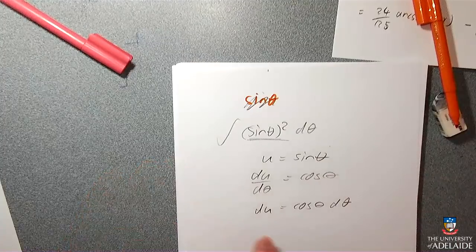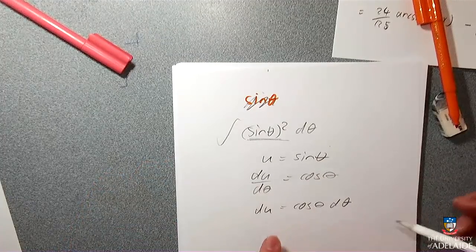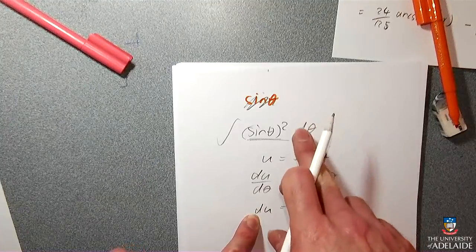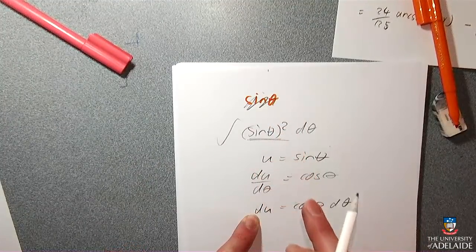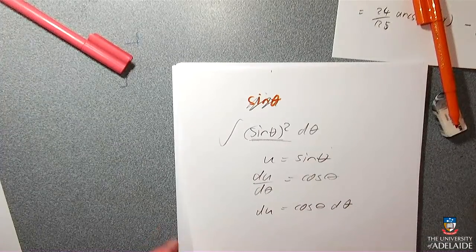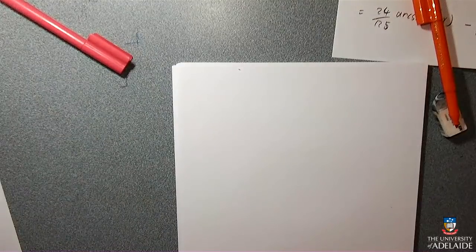But then the only way to make a du is to have a cos theta to attach to the d theta, and there isn't a cos theta there, which is sad. And therein lies one of the things that makes trig substitution hard, because the integral you get afterwards you can't do with ordinary substitution. Because if you could do that second integral with ordinary substitution, then you could have done the original one with ordinary substitution after all, and that would have been good. So it was a really good idea, but it just doesn't work, sadly.